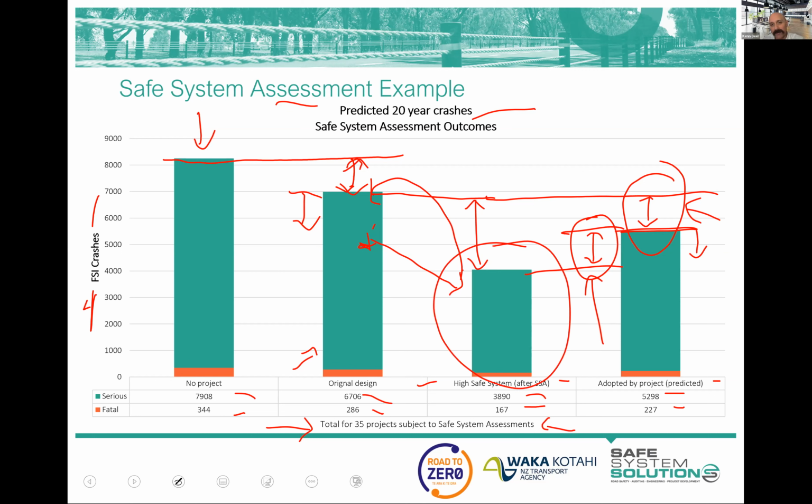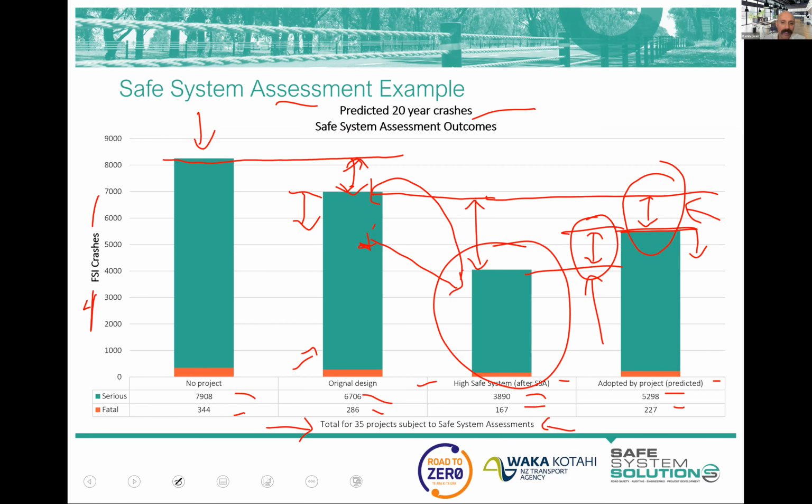This is fascinating, because we've established that the safe system is about zero death and serious injury. We've committed to Vision Zero. We're trying to do that, and a safe system assessment should be providing us with ideas that eliminate death and serious injury.